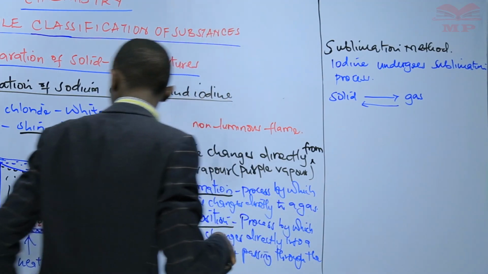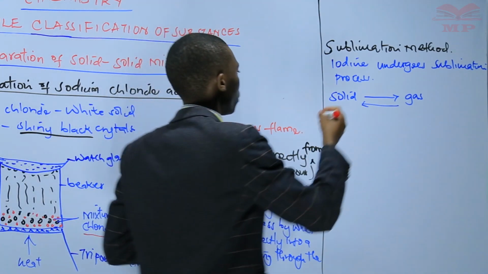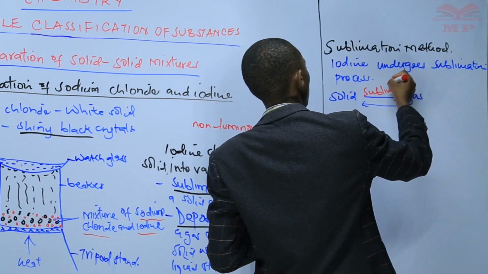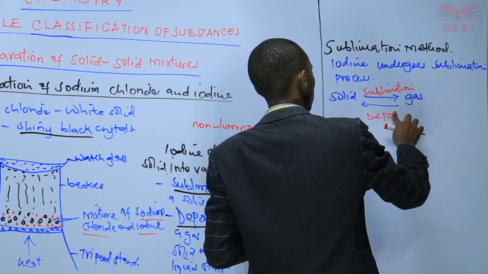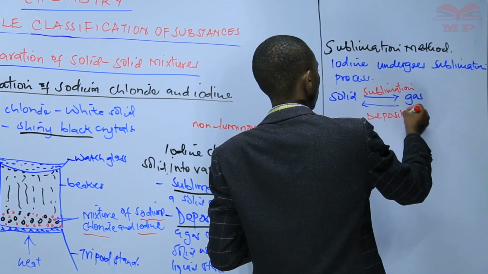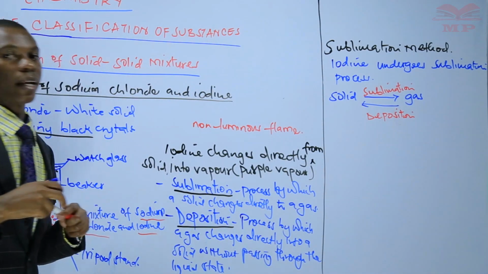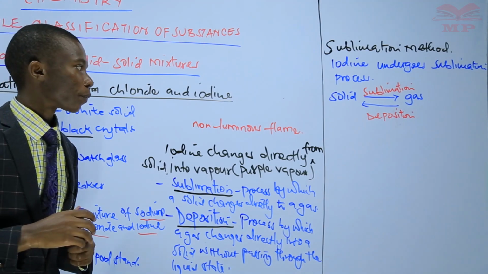So this is sublimation, and this is the deposition process. Iodine can undergo those two processes.